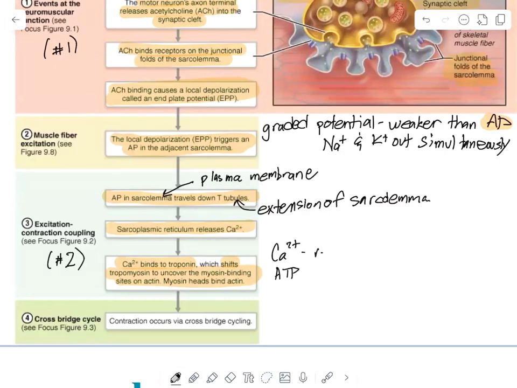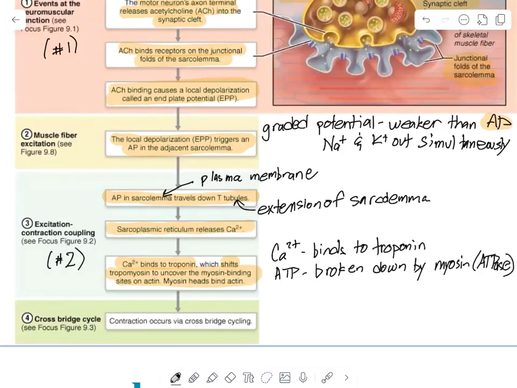The calcium is released from the sarcoplasmic reticulum, and it binds to troponin. The ATP is broken down by the myosin. And remember, the myosin is an enzyme, which is an ATPase enzyme, breaking ATP down into ADP.